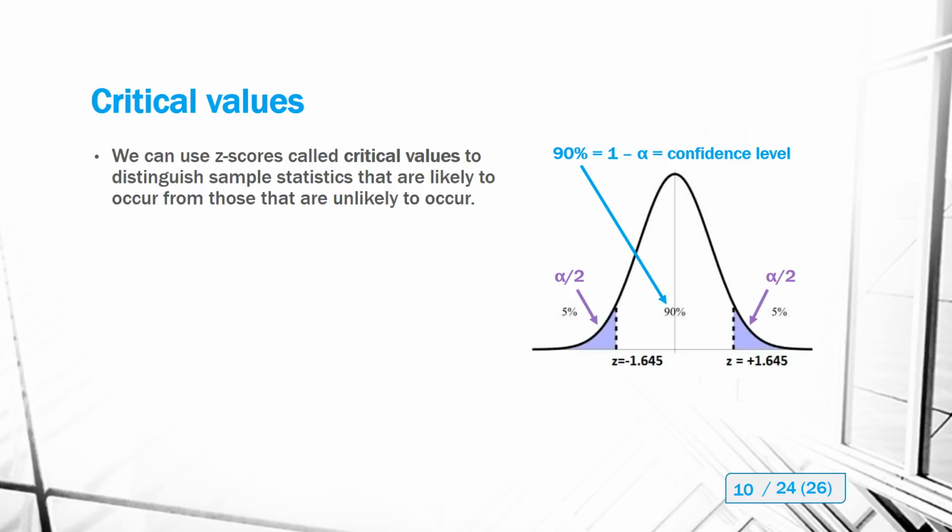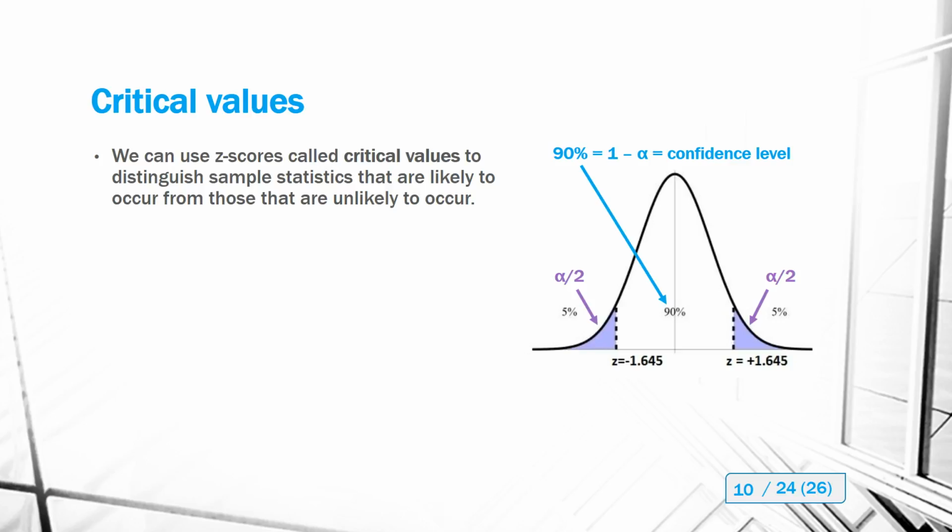Since there are two tails to our distribution, we're splitting the alpha in half. Half of the alpha goes on the left, half of it goes on the right. Remember that the normal distribution, the standard normal distribution, are both symmetrical about the mean. One half is the mirror image of the other. So if we take that 90% confidence level, representing the area under the curve in the center, that's the bulk of the distribution, representing our likely values, then we're going to take half of what's left over, and that's what's going to be in the tails.